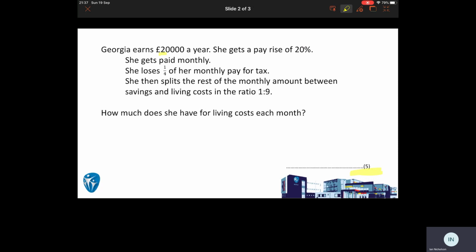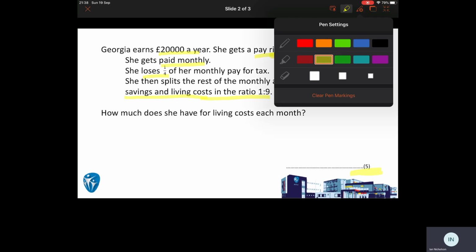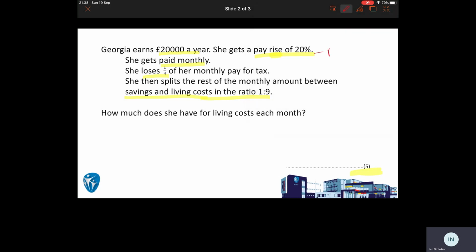So first of all, obviously we've got the £20,000 she earns. We've got a pay rise of 20%, so it's a pay rise. She gets paid monthly. She loses a quarter, and then we split her costs of saving and living costs in the ratio 1:9. So looking at the question, we've gathered that we're going to have something to do with percentages.